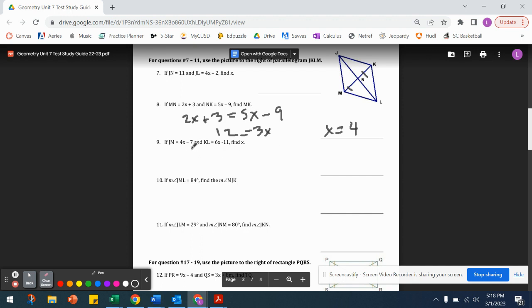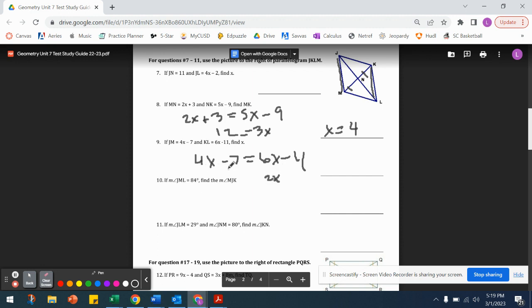Next one says JM. JM is this length, and KL is this length. We know that opposite sides are going to be equal to each other. So I'm going to take 4x minus 7 equals 6x minus 11. If we solve for this, if I bring that 4x over, it's going to give me a 2x.